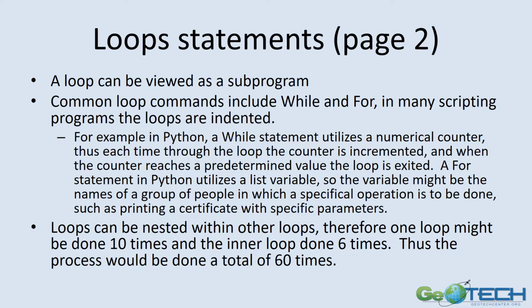So the first time through, I go to the inner loop, do it 6 times, drop out of the inner loop, back to the outer loop, and I've not done it 10 times, so I go back to the inner loop, do it 6 more times, and so on and so forth until I've actually done this process 60 times. 10 times on the outer loop and 6 times on the inner loop each time that we change the value of the outer loop. So there's this nesting of loops just like we had nesting of branches.